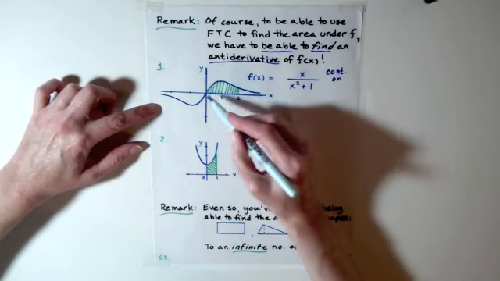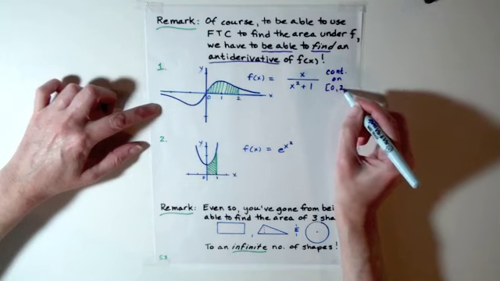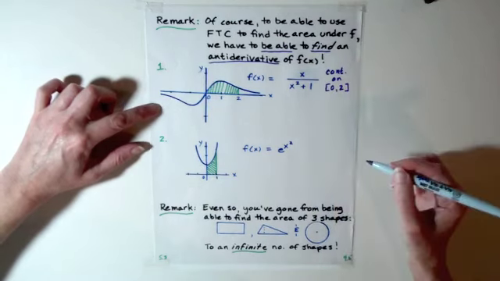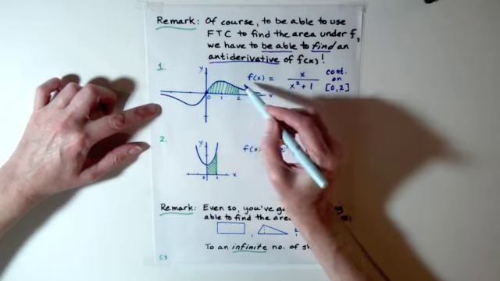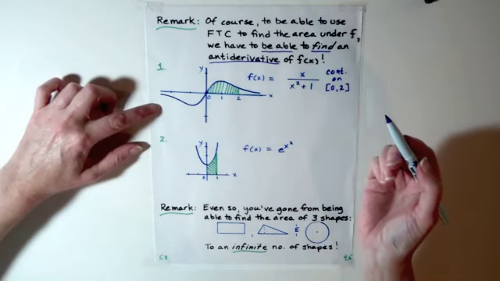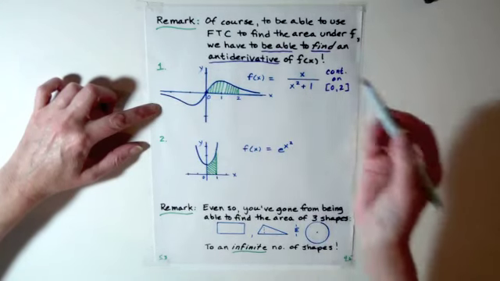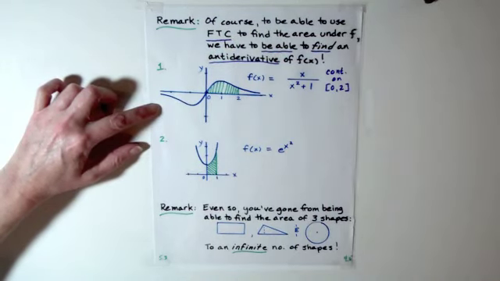I have a green shaded area from 0 to 2, so it's definitely continuous from 0 to 2. And I can see that the graph is always above or on the x-axis on that interval from 0 to 2. So f of x is greater than or equal to 0 on that interval. So it satisfies all the conditions of the fundamental theorem of calculus.